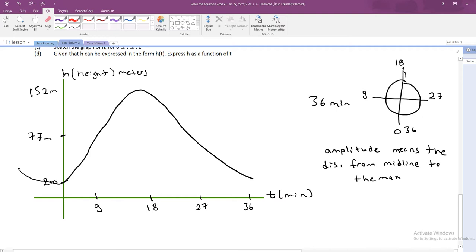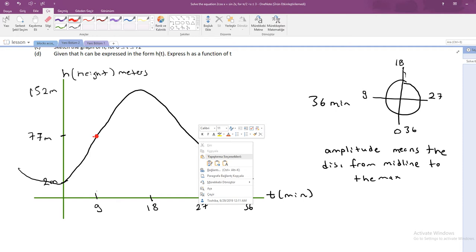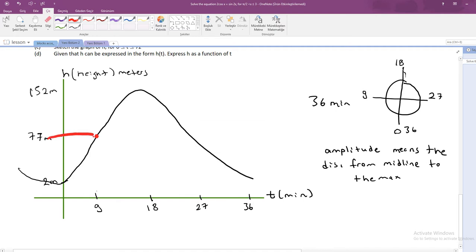So at 9 it is here, at 18 it is here, at 27 it is here. Our amplitude is in here like this, okay?